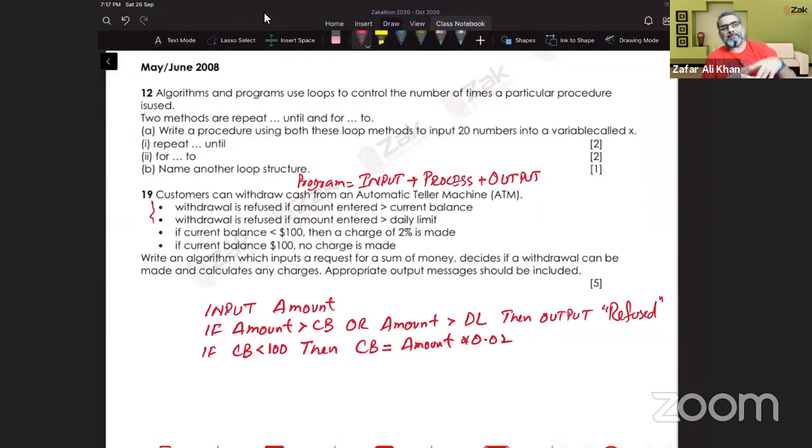0.02 का मतलब क्या है कि आपके पास 2% आ जाएगा. If it is 100 rupees, तो 2 रुपए बन जाएंगे. 0.2 का मतलब 20% होता है, 20 रुपए. अगर 0.02 होगा तो 2 रुपए बन जाएंगे. If current balance is less than 100, तो automatically अमाउंट का 2% करंट बैलेंस में से आप माइनस करेंगे.